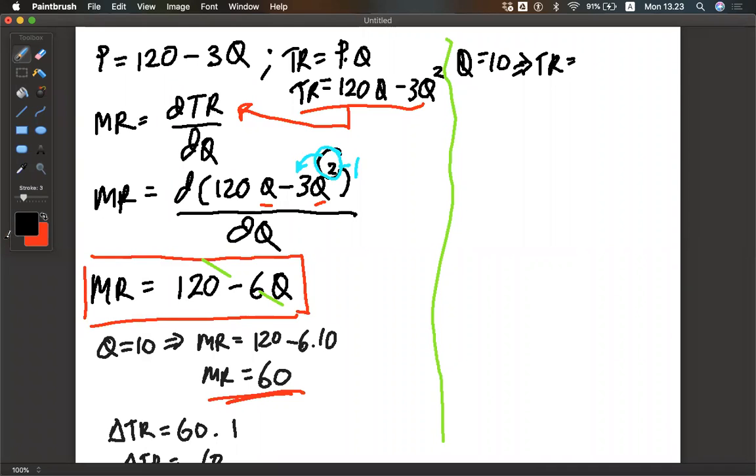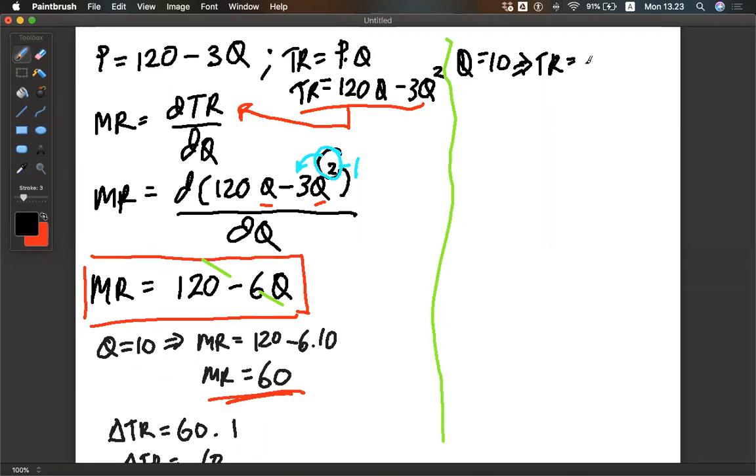So if in this case we have Q equals 10, then we will try to find out what happens if the quantity now becomes 11. So what is the TR? What is the change in TR because of the change in quantity?